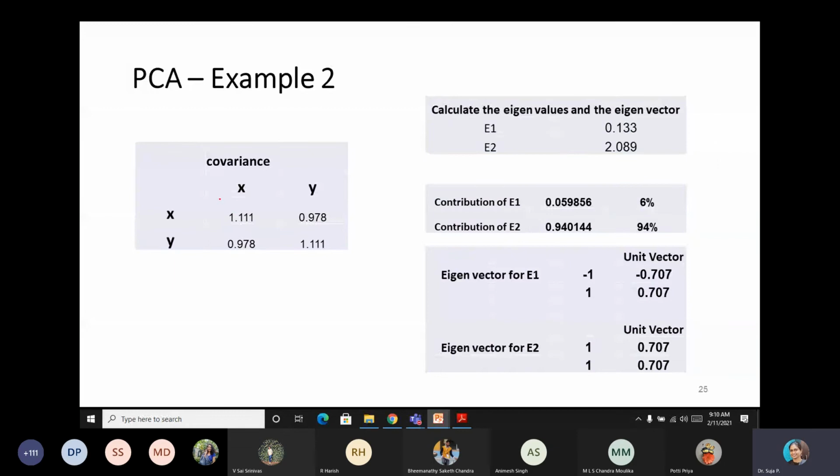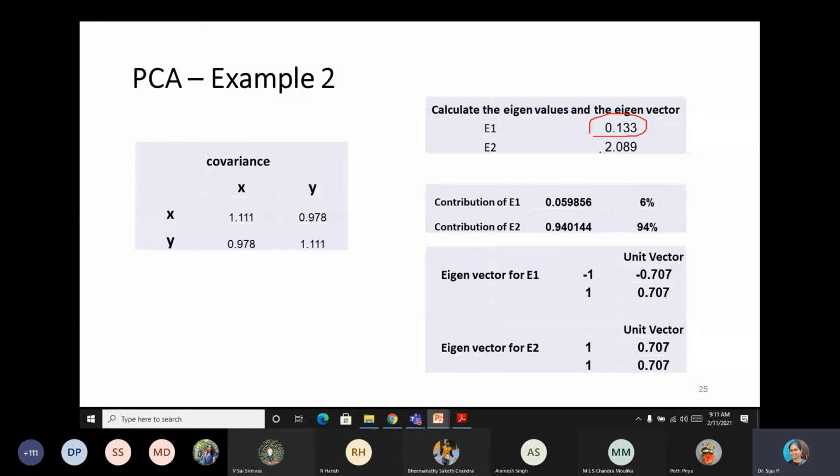Okay, and now for this 2 cross 2, we find the eigenvectors and eigenvalues. So this is that. So if you take the percentage, for eigenvector 1 it is 0.113. For eigenvector 2, the value is this.